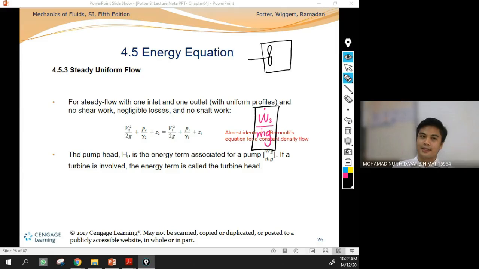The pumps are here to increase the pressure. Yes, Fikri Ruzalan. The pump works to increase the pressure, so it will rotate the shaft. So it gives the energy to the system.